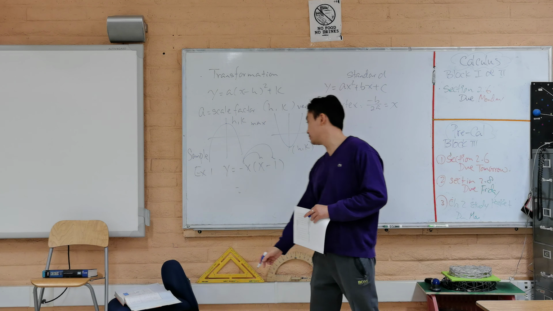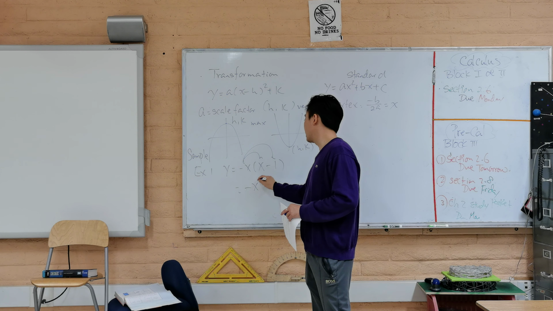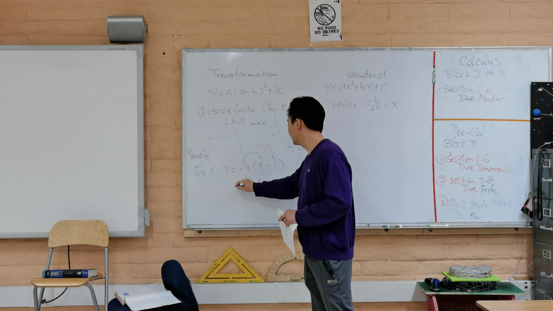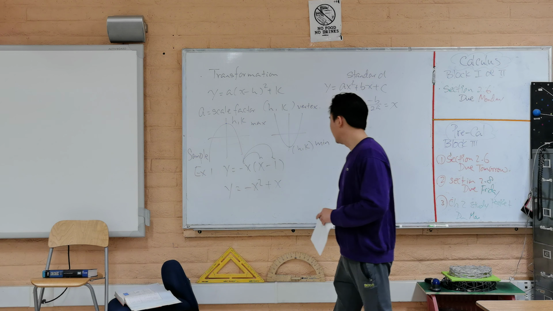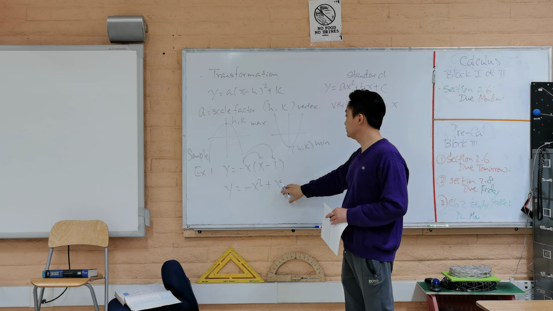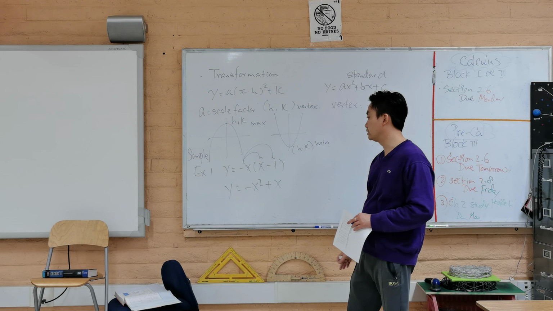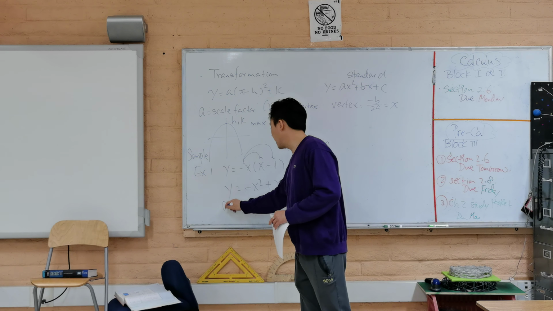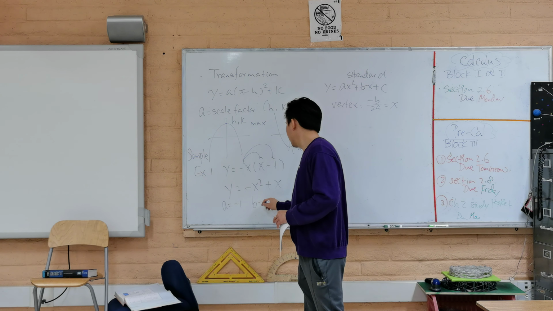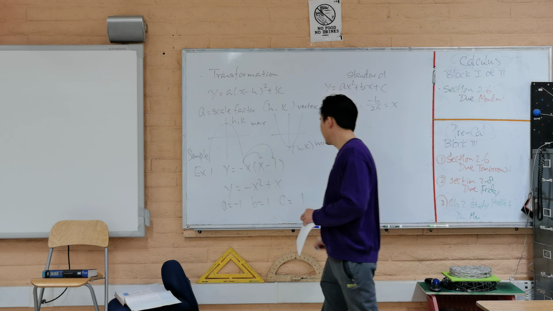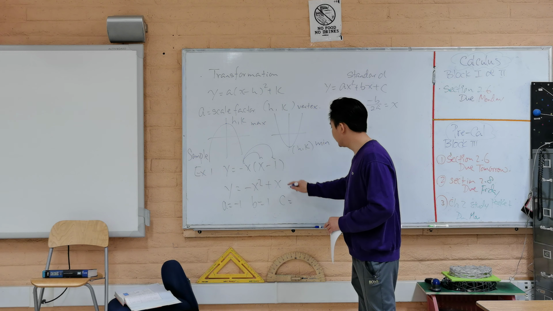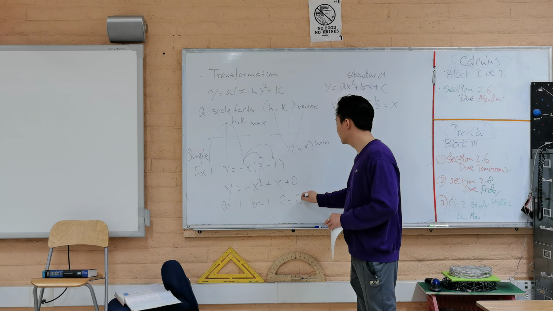So negative x times x, negative x squared, negative x times negative 1, that would be positive x. So now, compare and contrast. This one is written in the standard form. So let's find the values a, b, and c. Well, c is not given, so that means c is 0.